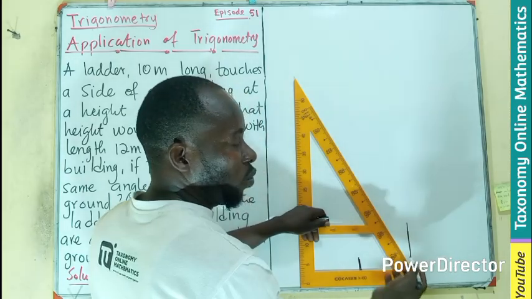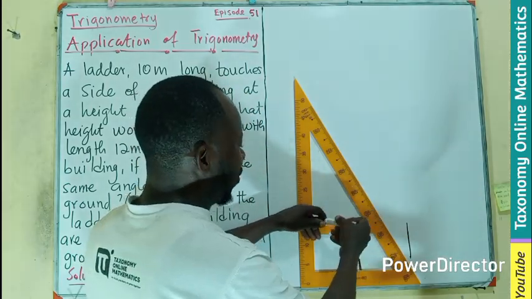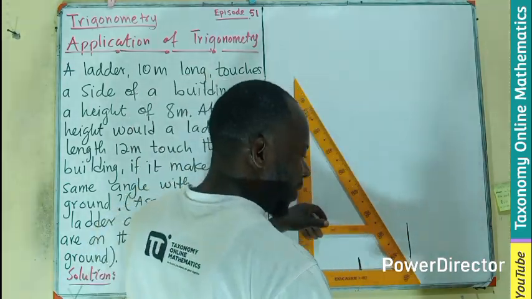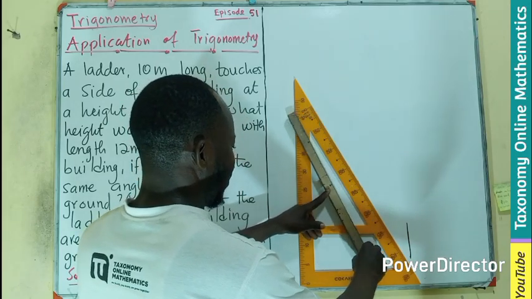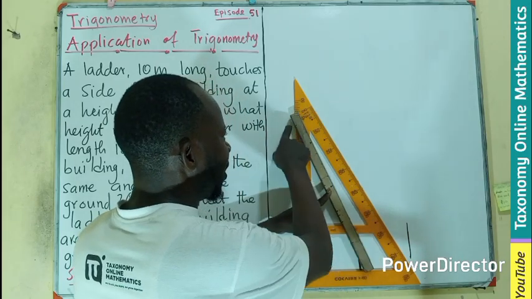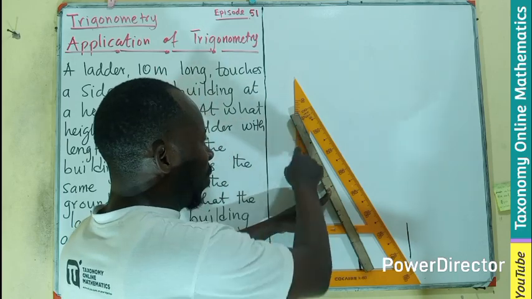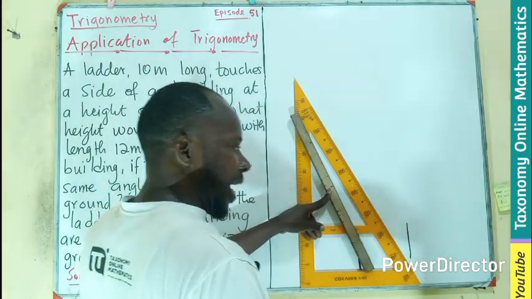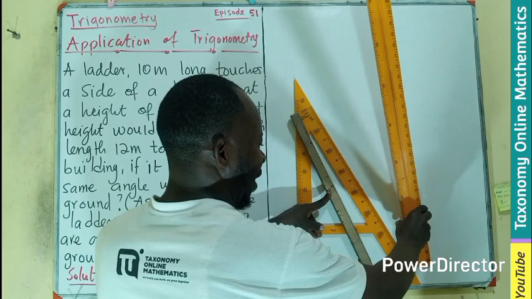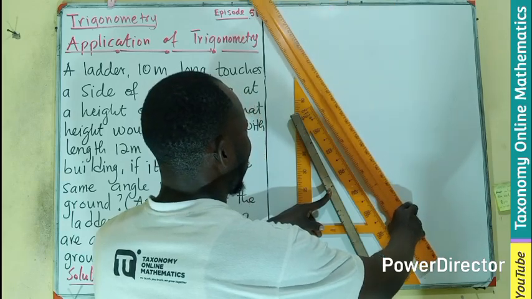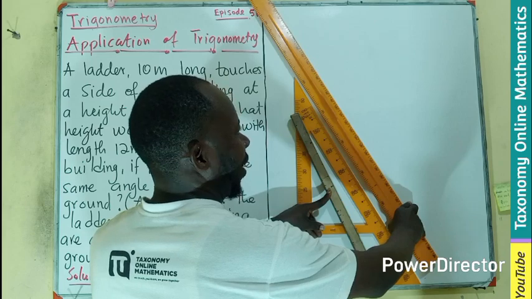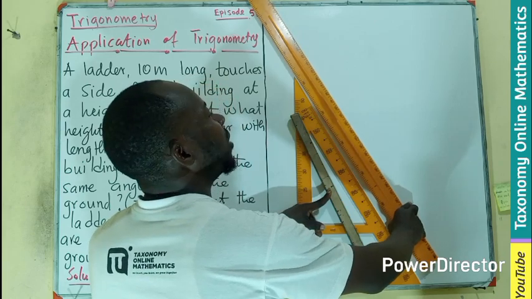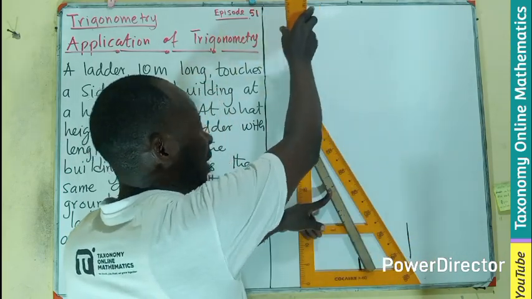For just a start, we can also put the longer here and the shorter there. So let's see, if the shorter one is here and is touching the building at the height of 8 meters, then the longer one being here will start at what? At a longer height. Do you get it? It will be at a longer height of the building. You can see it will start somewhere here.